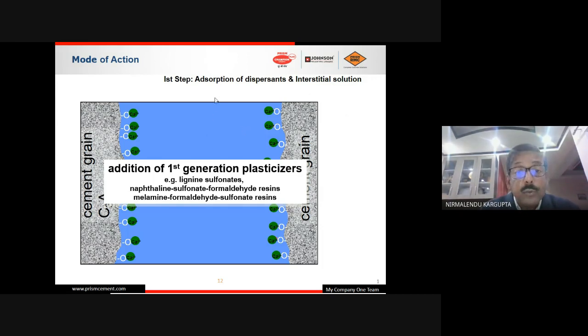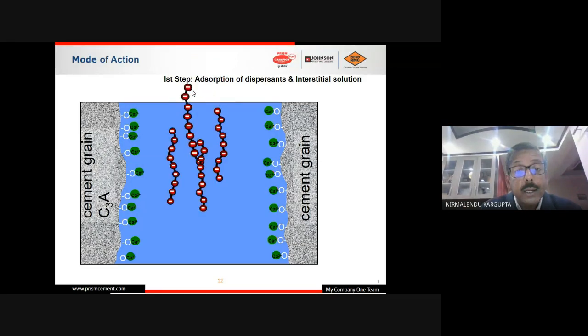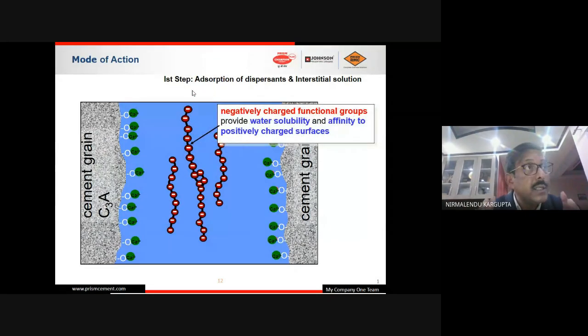So what will happen if I introduce an admixture? See, I just introduce an admixture. These admixtures have negatively charged functional groups, which provide water solubility and affinity to positively charged surfaces. These admixture molecules will be attracted towards the cement particle. Why? Because everywhere there is calcium plus 2, all positively charged.